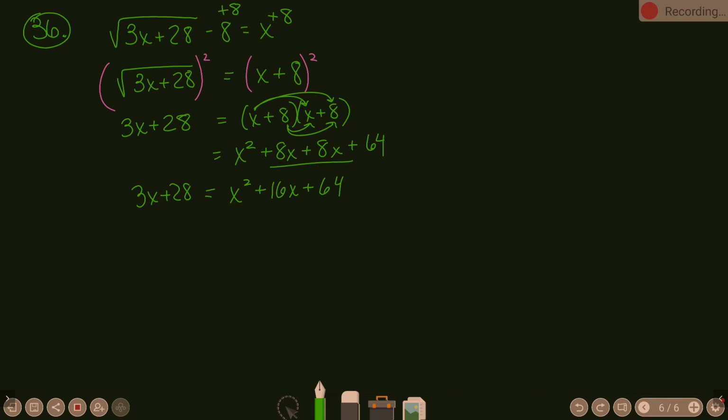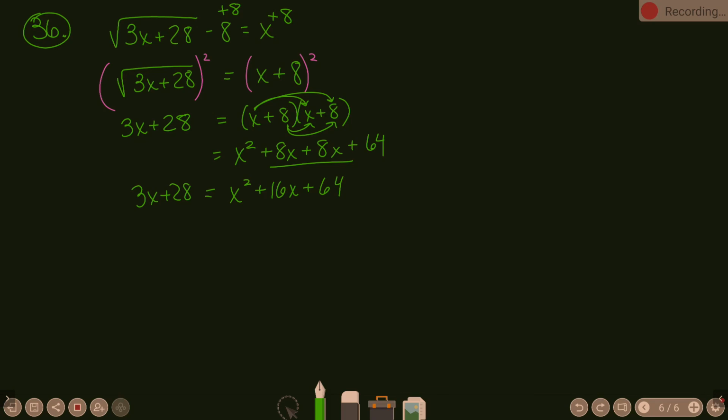So carrying down that 3x plus 28 on the left, I've got my FOILed response on the right. Okay, guys, what's my solving step here? There is an x squared, there's an x, and there's a constant, so we're hoping it's going to factor.